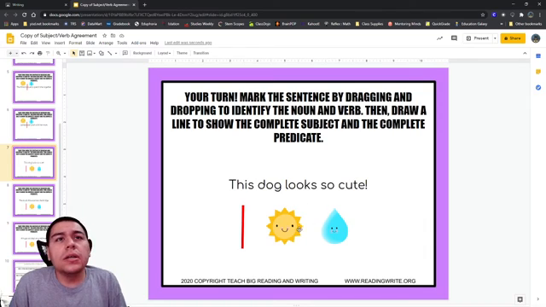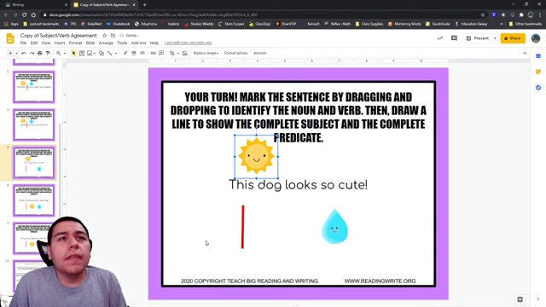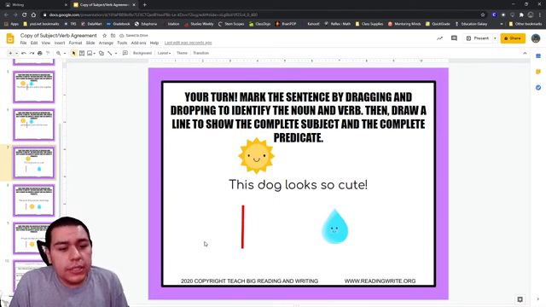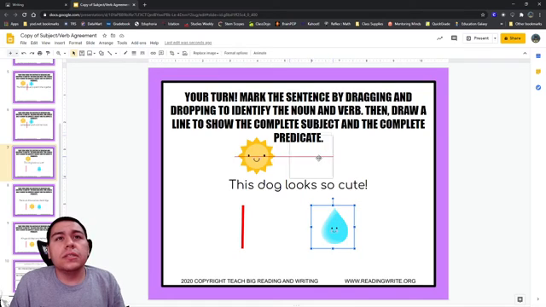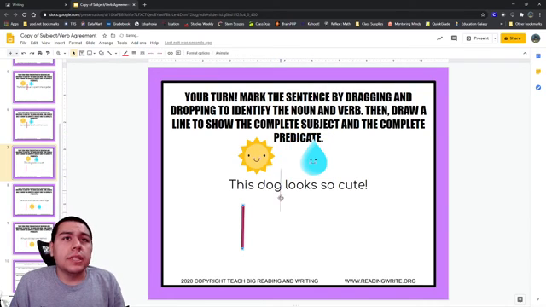The dog. Okay, perfect. What about the dog? What is the sentence telling us, or what is the dog doing? This dog looks so cute. Brianna? It looks cute. It looks cute. Separate my subject and my predicate.